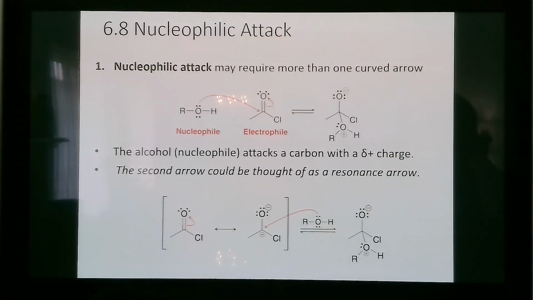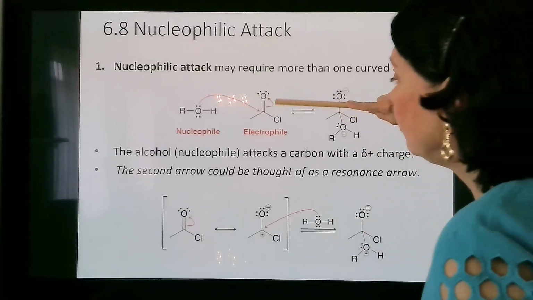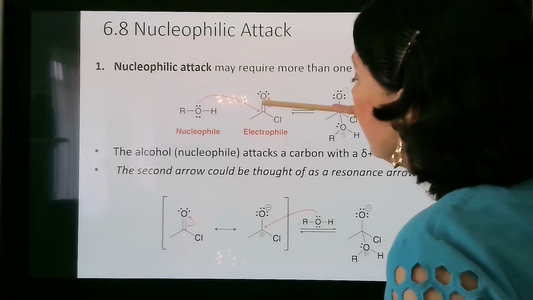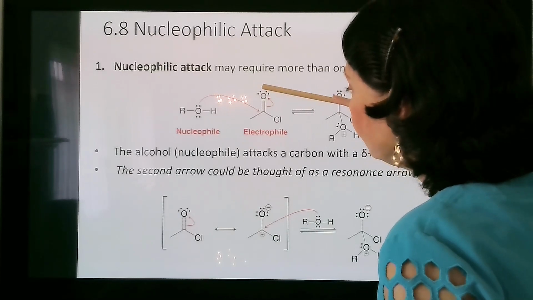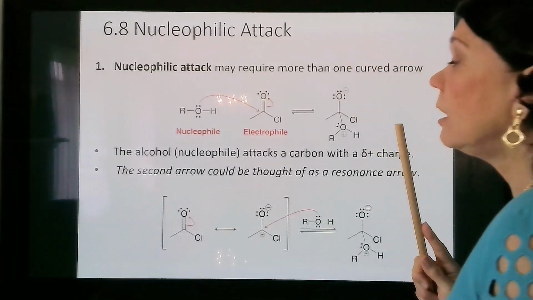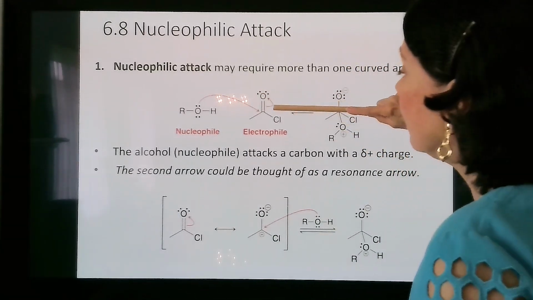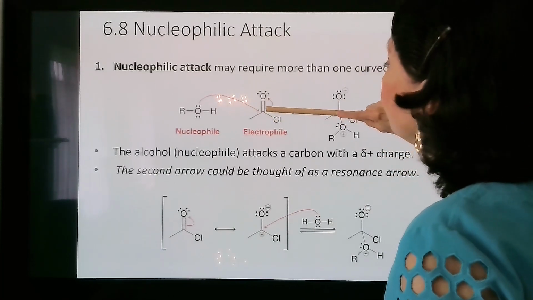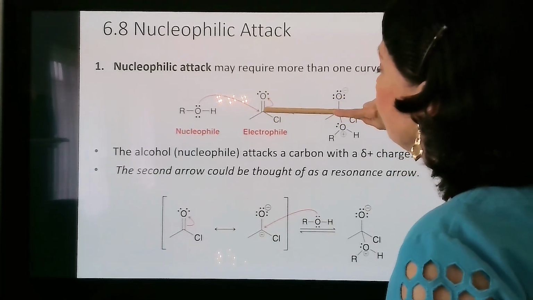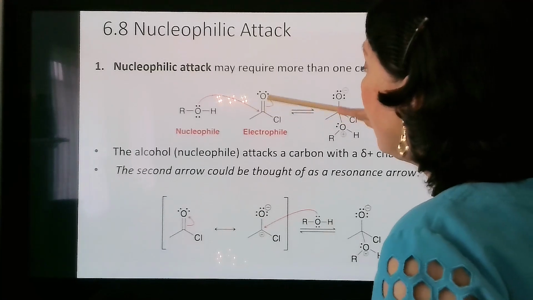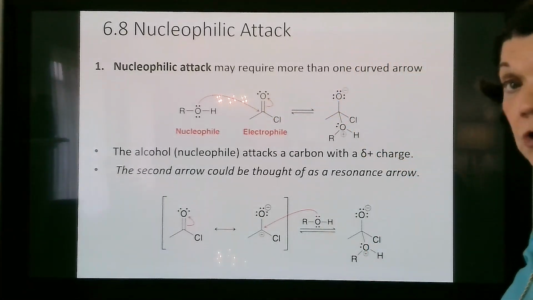The alcohol, the nucleophile, attacks a carbon with a partial positive charge. This is going to have a partial positive charge because carbon is bonded to oxygen. Oxygen is electronegative. Oxygen will be withdrawing electron density from carbon, and it has a pair of pi electrons, the pi bond.